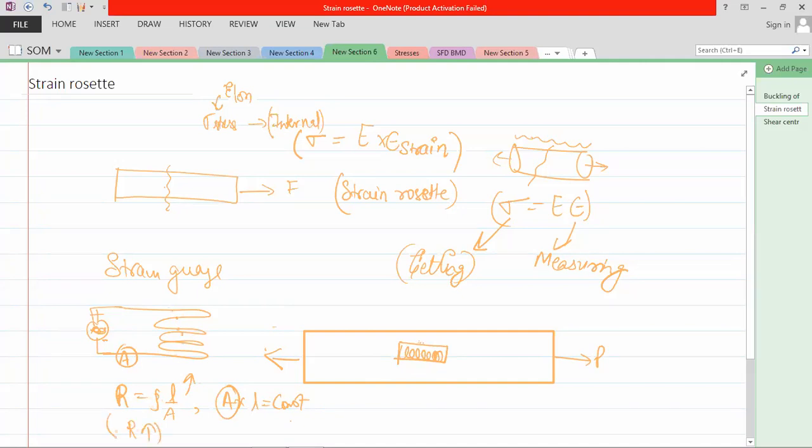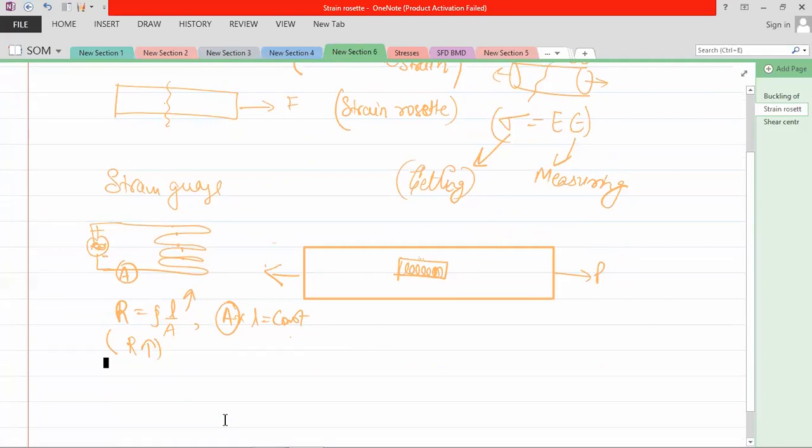Now if a constant voltage V is applied, V is equal to IR, or I is equal to V by R. As your resistance is increased because of elongation, your current is decreased.